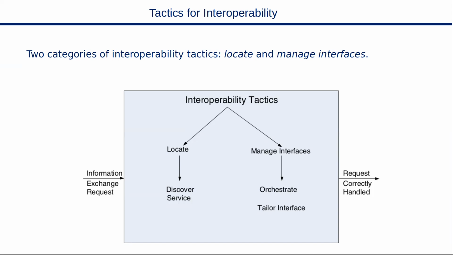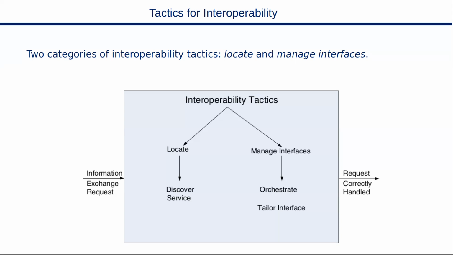It locates the service by searching a well-known directory service. For example, there is Eureka, where services can register and are discoverable by all other services, and other services can find them and work with them.